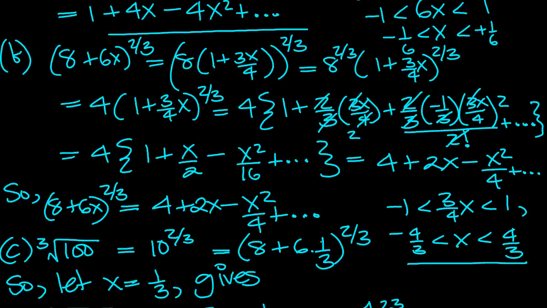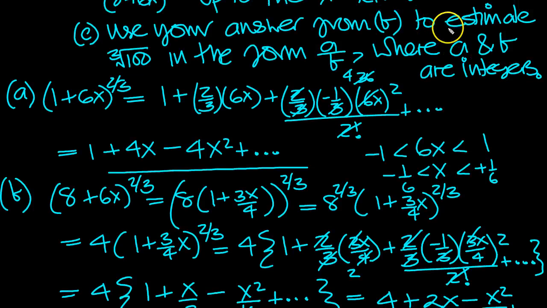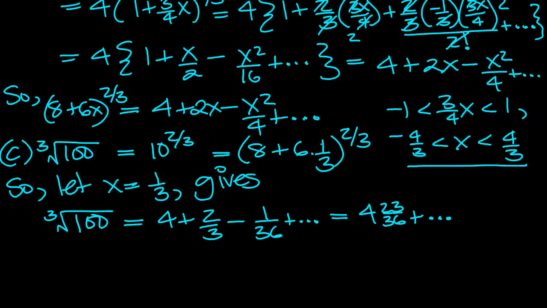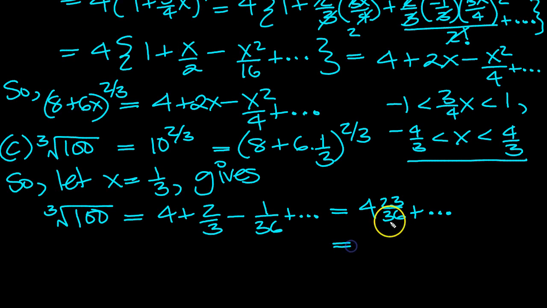Let's have a look at the question. To estimate the form where a and b are integers. Oh, so we need to write it as a fraction. 4 36's are 144, 164, 169, approximately equal to that. 169 over 36.